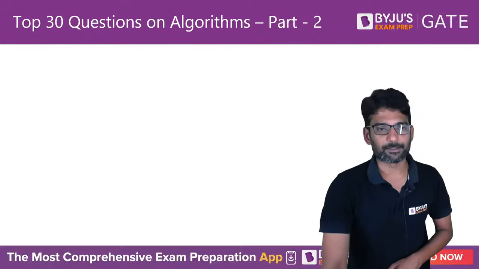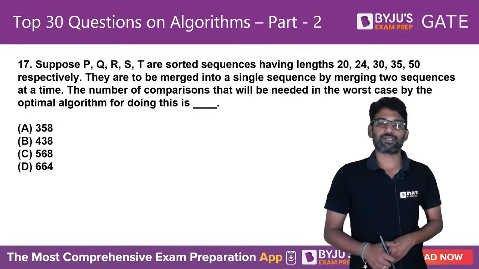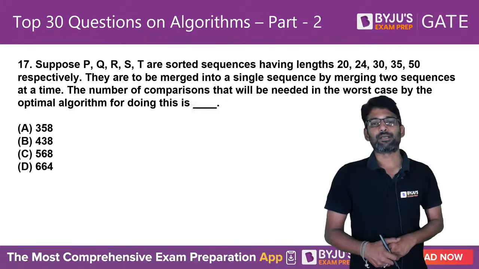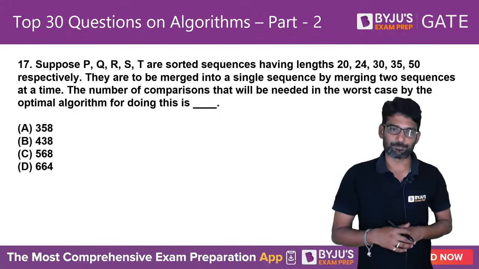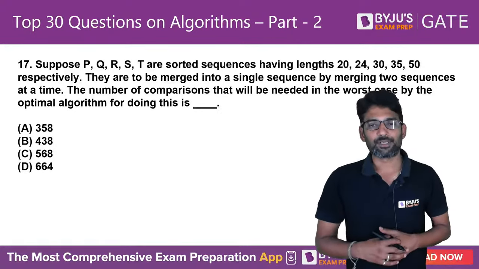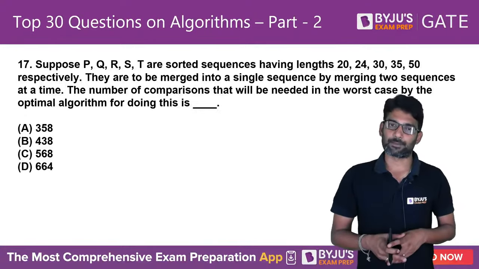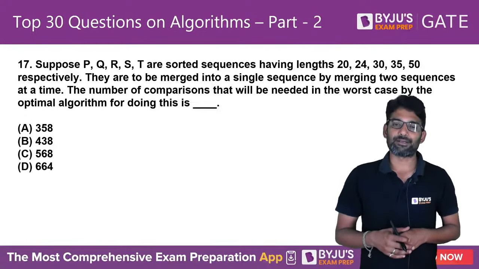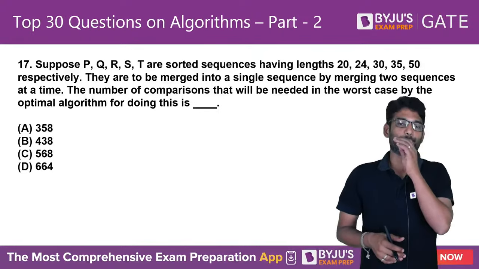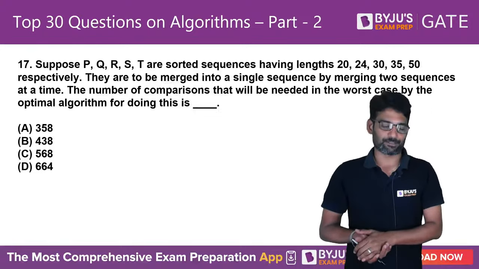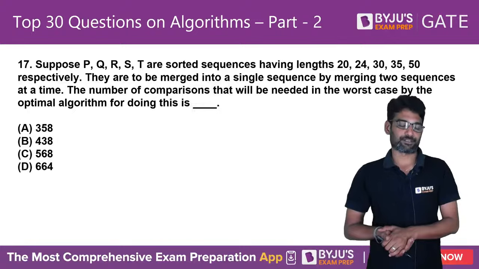Question number 17. Suppose P, Q, R, S, T are sorted sequences having lengths 20, 24, and so on respectively. They are to be merged into a single sequence by merging two sequences at a time. The number of comparisons that will be needed in the worst case by the optimal algorithm for doing this. Here we want number of comparisons.